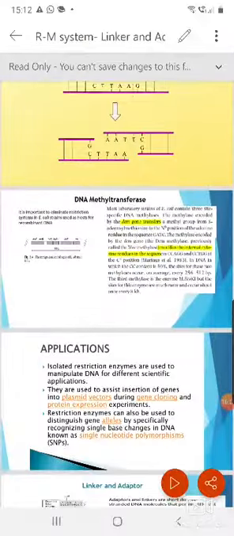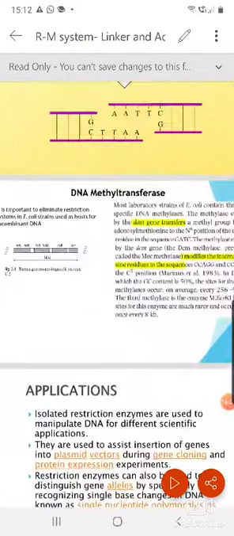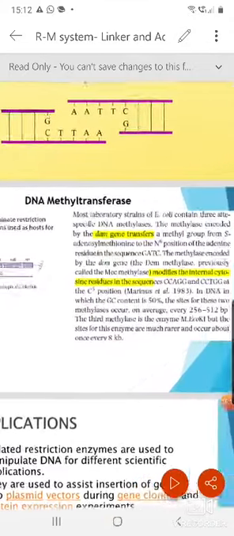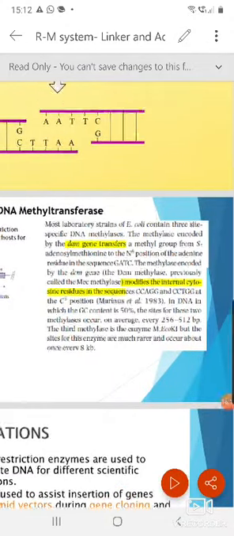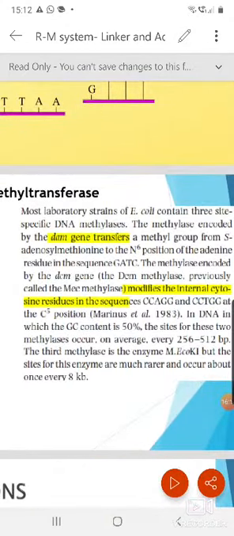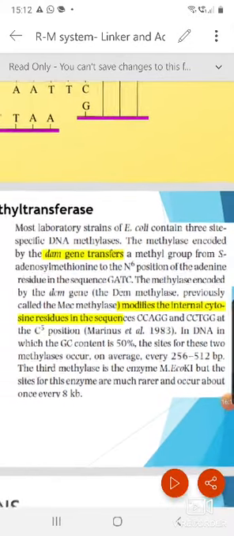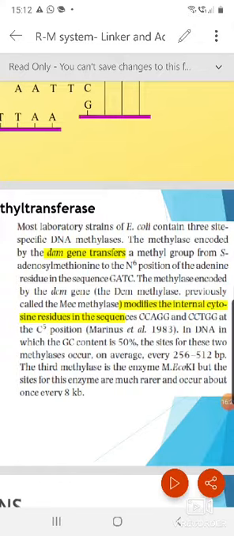Now something about DNA methyltransferase. In E. coli, there are 3 types of methylase present. One is the DAM gene, the DAM methyltransferase, which transfers the methyl group from S-adenosyl methionine to the N6 position of the A, adenine, in GATC.